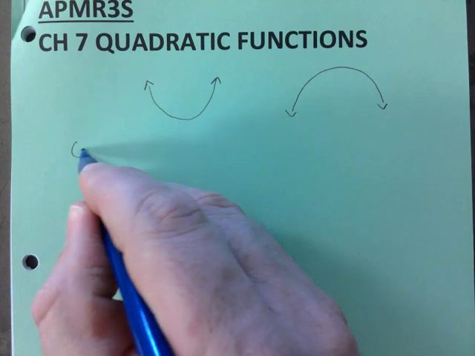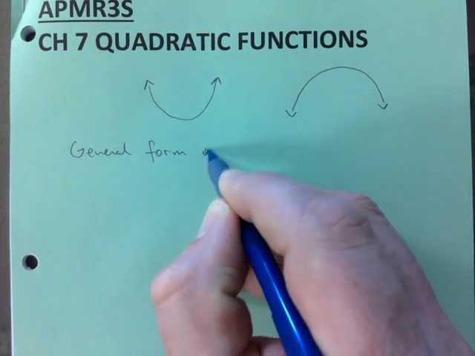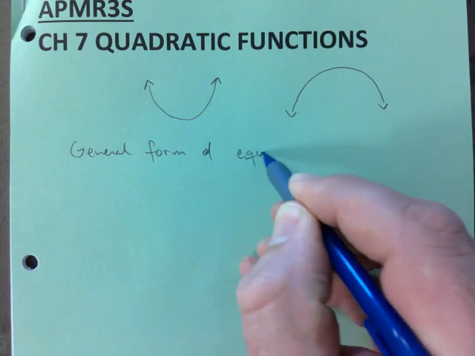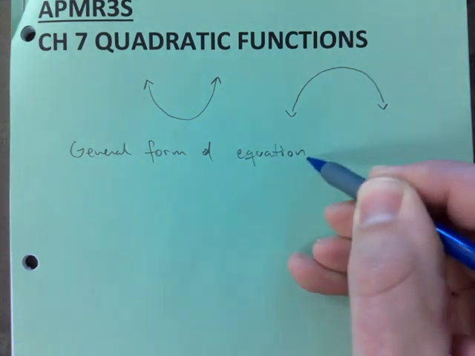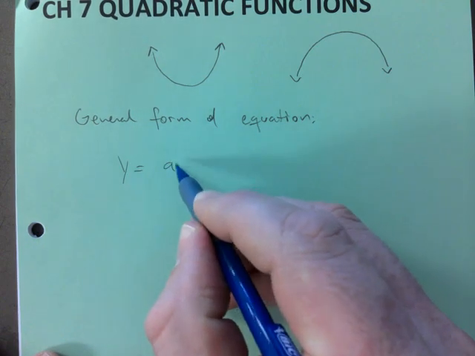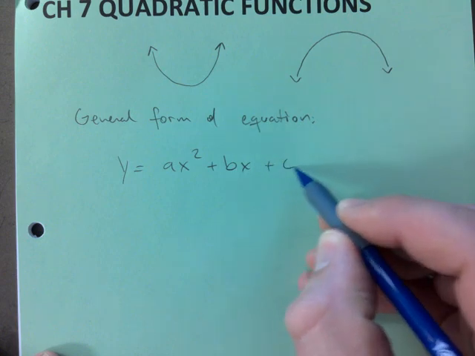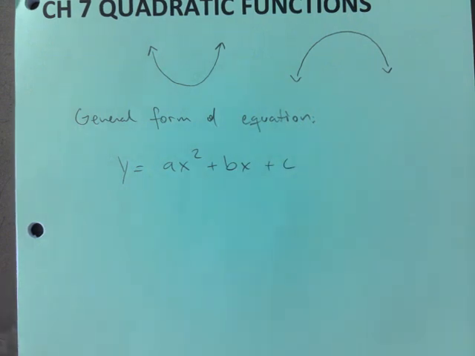And the general form of equation is going to look like this: y is equal to ax squared plus bx plus c. That's the general form of a quadratic equation.